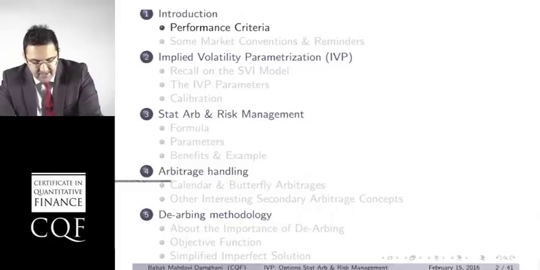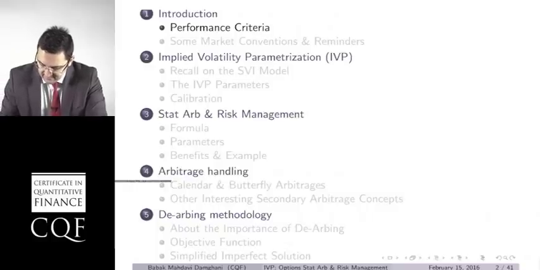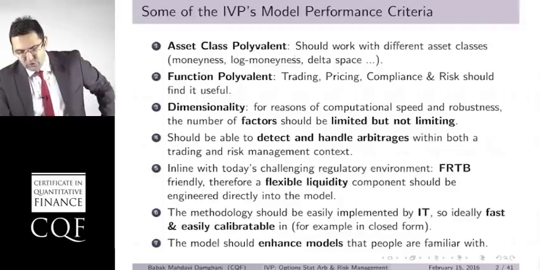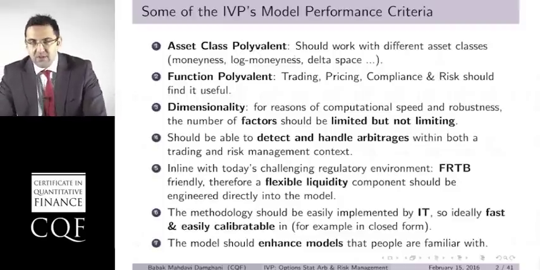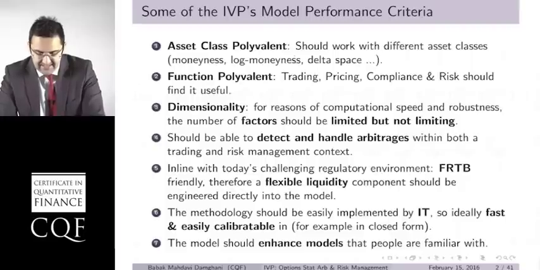For any kind of new mathematical model applied to finance, one of the most important features to define first is the model performance criteria that we will take a look at next. A good mathematical model, especially when it comes to the volatility surface, has to be asset class polyvalent.